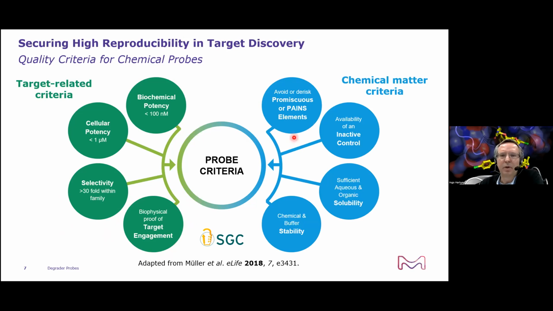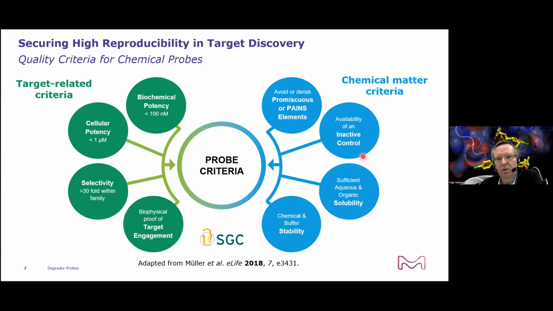I guess this part is relatively easy for chemists. So the recommendation is to check for obvious elements in your molecule which may lead to promiscuous, unspecific activity. A point I really want to emphasize, and I will come back to that, is the availability of a control compound.